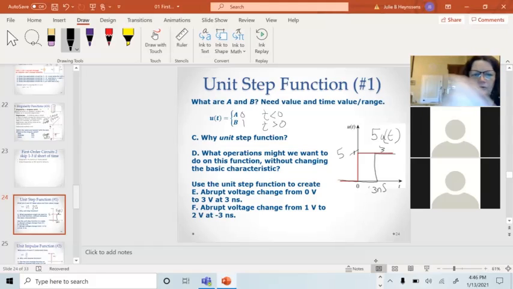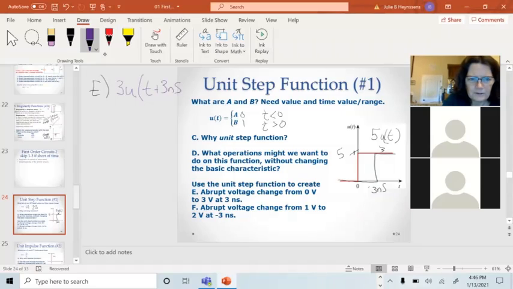This is part E. It would be 3 times u of t minus 3 nanoseconds.